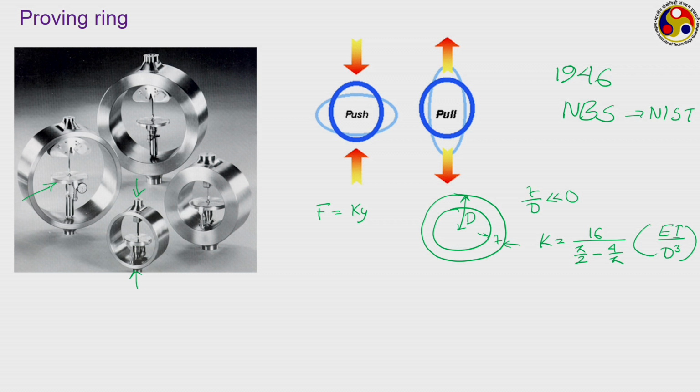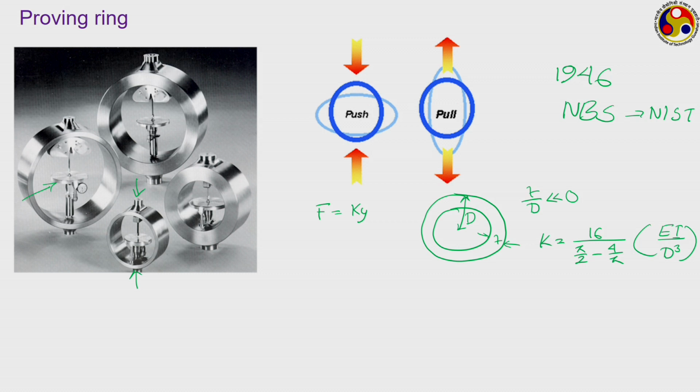Now, it has been proved by Timoshenko and a few others that even if the thickness is a bit significant, still we can keep on using this thin ring approximation relation even for thicker rings as well, without introducing too much error.